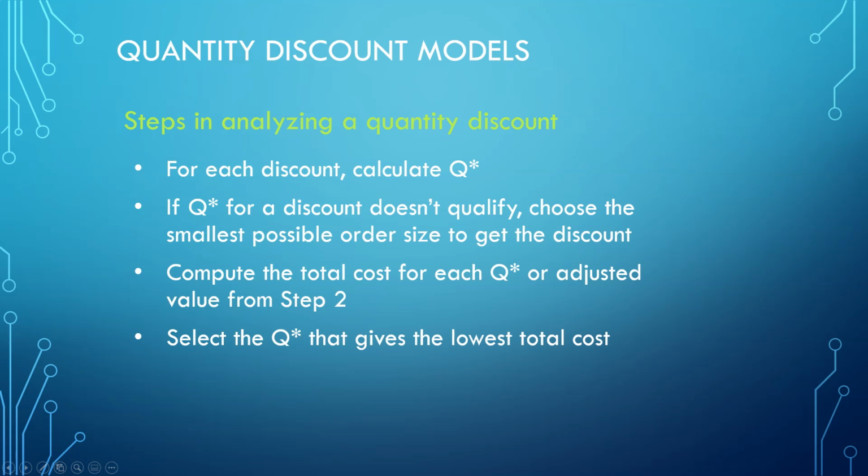To analyze using a quantity discount model, we calculate Q star for each discount. If Q star for a discount does not qualify, choose the smallest possible order size to get the discount. Then compute the total cost for each Q star or adjusted value from the previous step. Then select the Q star that gives the lowest total cost.